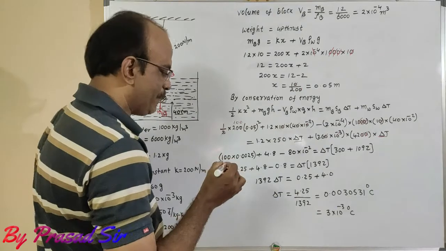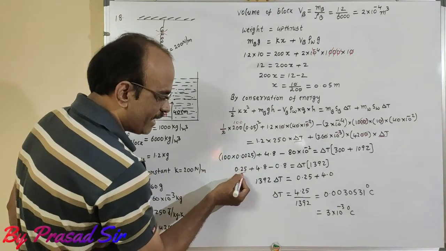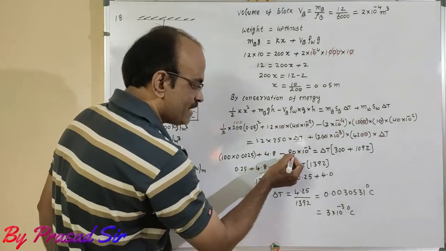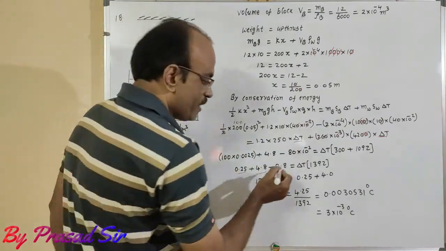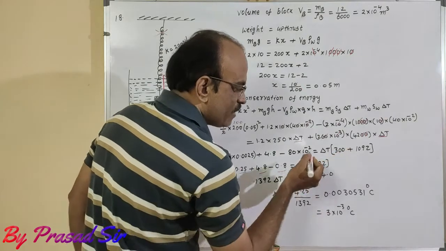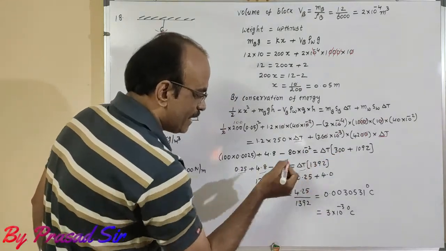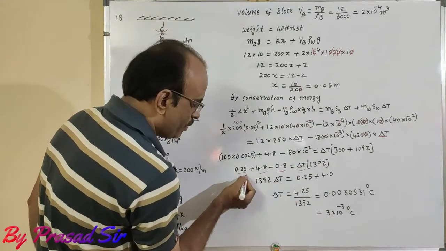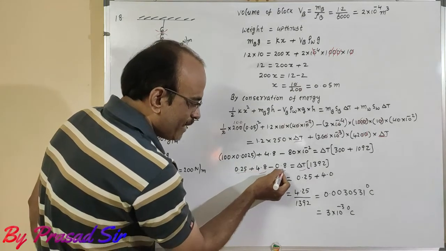Then afterwards what happens here? 100 into 0.0025 we are getting 0.25, plus here 4.8 minus 80 into 10 to the power of minus 2, we got 0.8, is equal to delta T already common, addition of 300 plus 1092 we are getting 1392. But I want to calculate rise in temperature. So that's why delta T into 1392 is equal to 0.25 plus 4.8 minus 0.8.